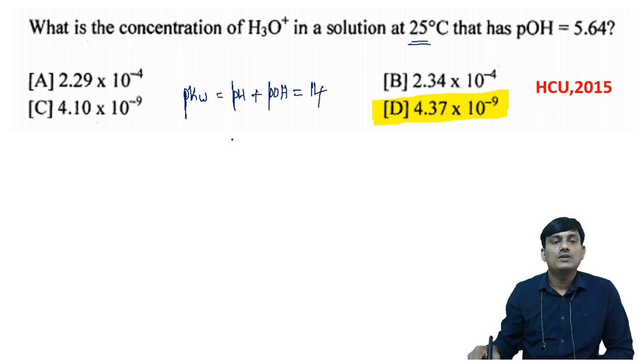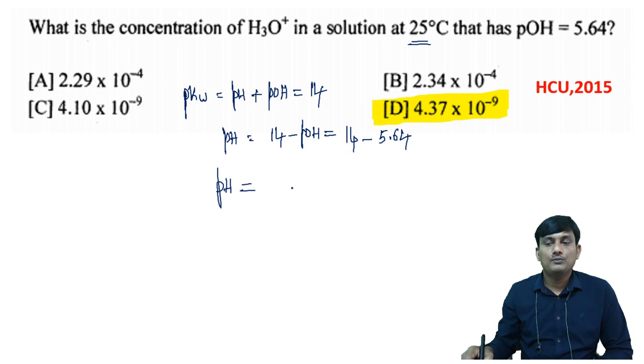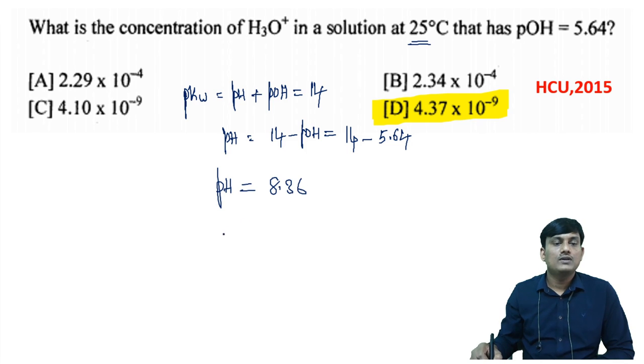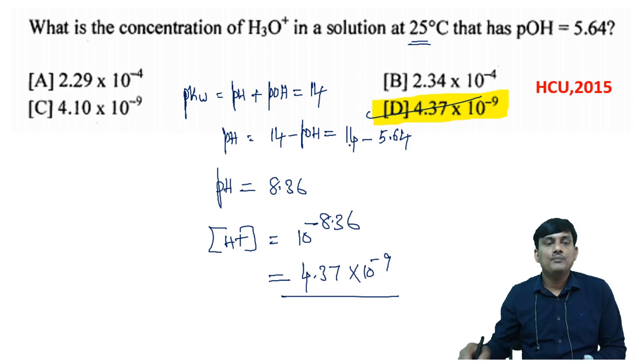So pH is equal to 14 minus pOH, which is 14 minus 5.64, equal to 8.36. So concentration of H plus is equal to 10 to the power of minus 8.36, which is equal to 4.37 into 10 to the power of minus 9. So D is the correct option.